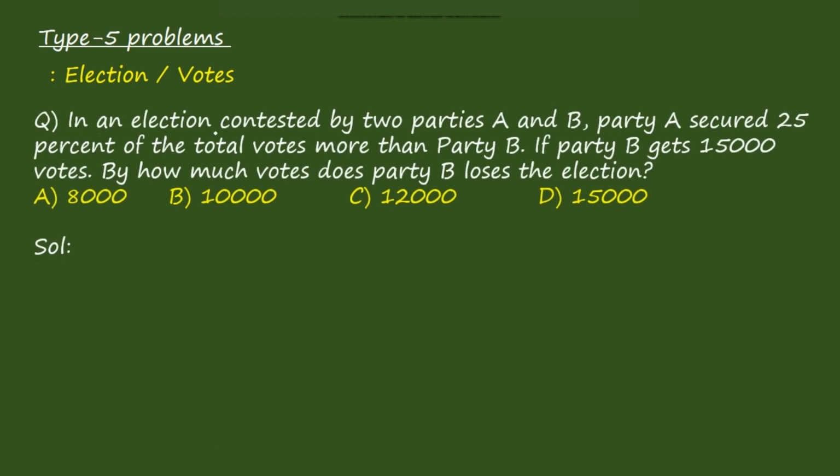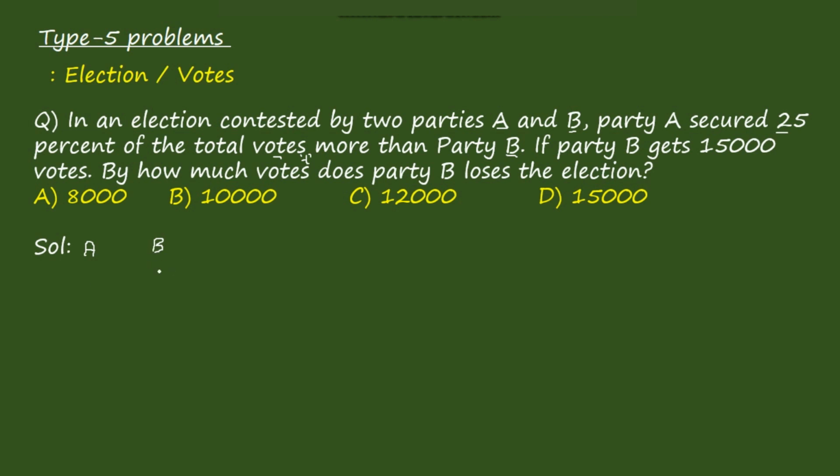The question says an election consists of two parties, A and B. Party A secures 25% of total votes more than party B. If you consider the total votes as T, then A would be securing more than B by 25% of the total votes.